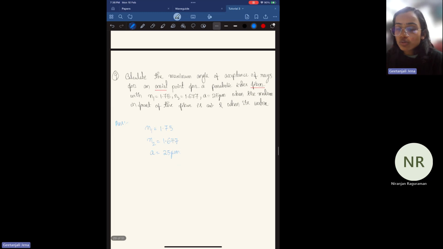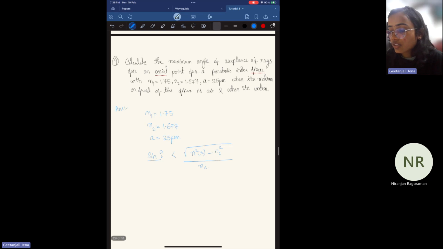If you recall, in question number 5, we solved the general equation for the numerical aperture. So sin i is less than root over n squared x minus n2 squared over na. When the ray is incident on the axial point, that means n(x) will be n1.